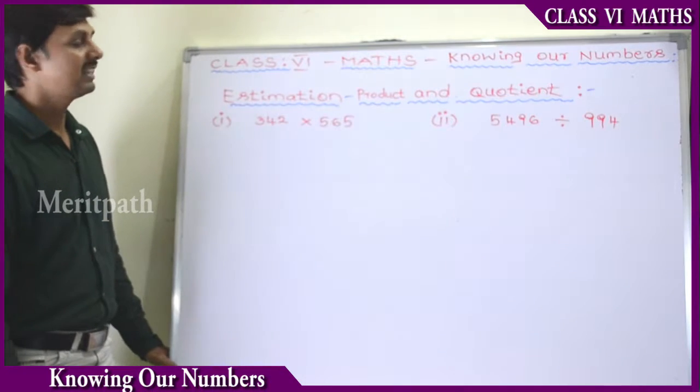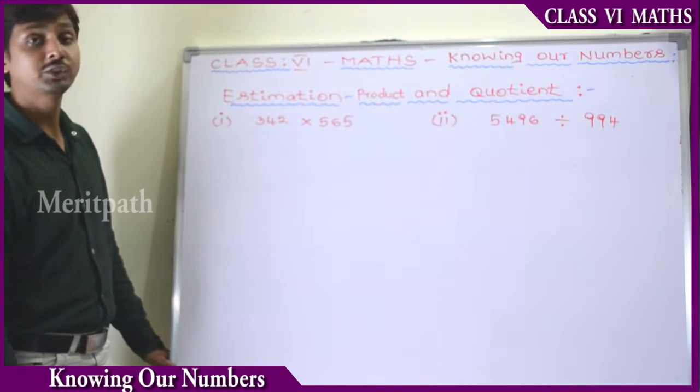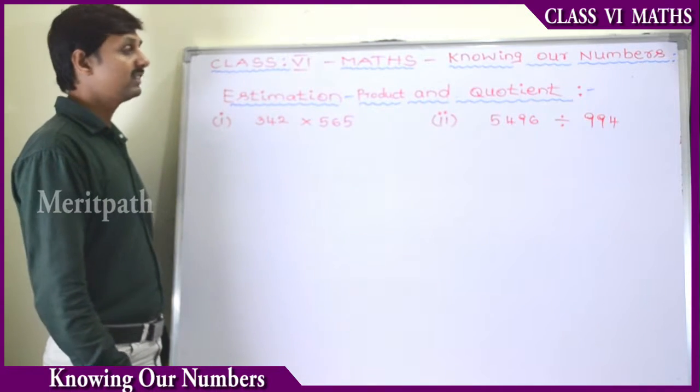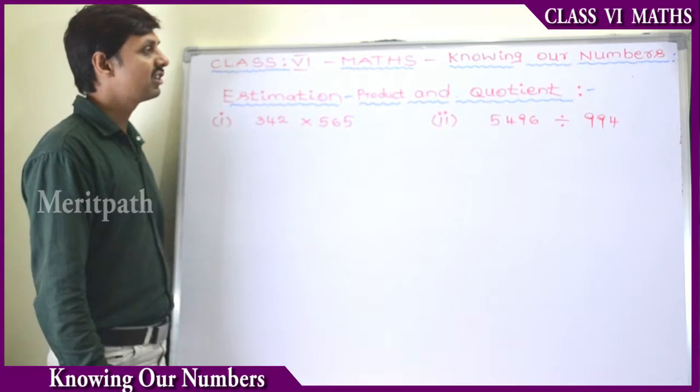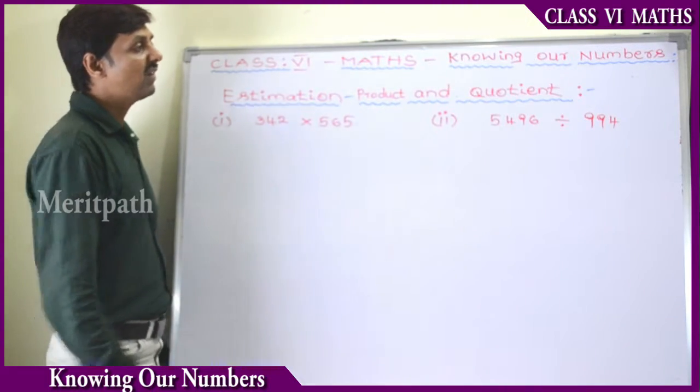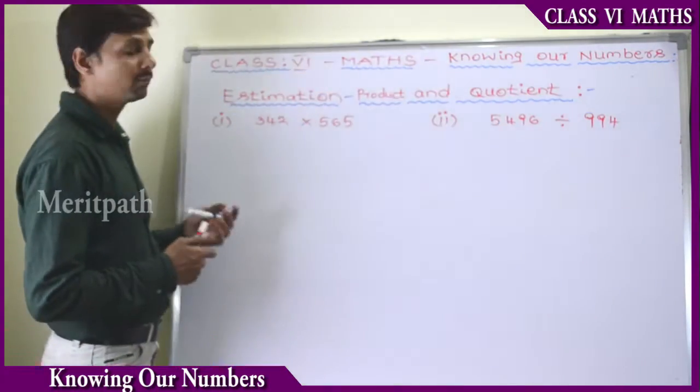Estimation of the product and quotient. We'll find the product of these two numbers using the estimation process, and we'll find the quotient using the estimation process.